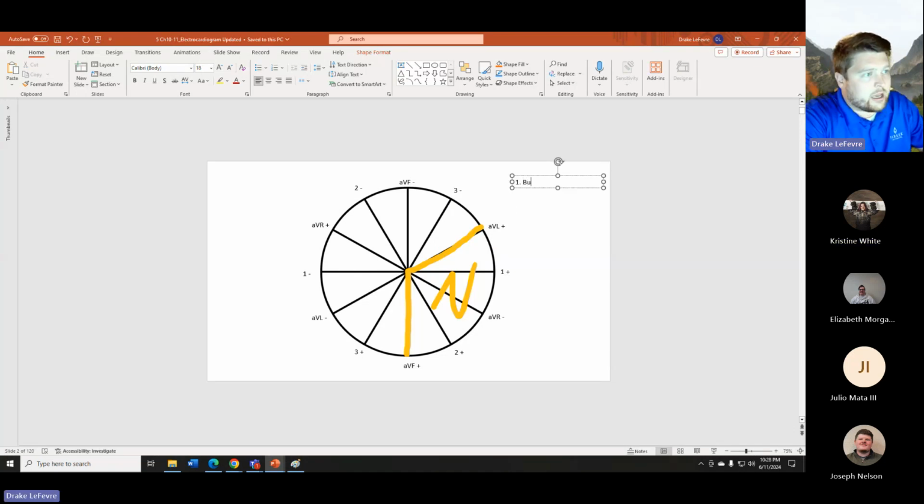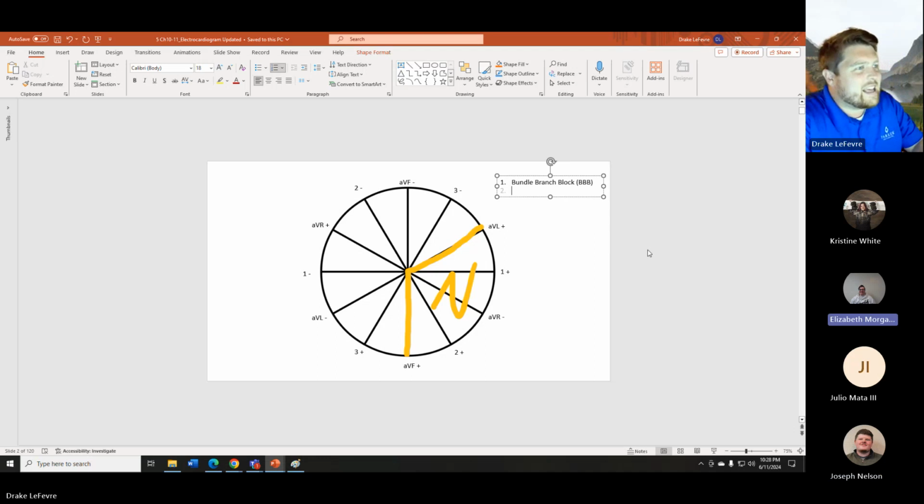One is called a bundle branch block, sometimes seen as triple B. Not to be confused with triple D, Diners, Drive-Ins and Dives.